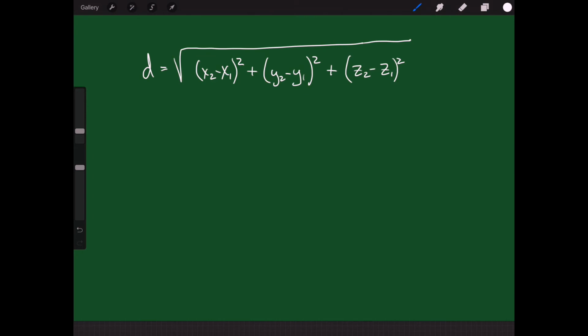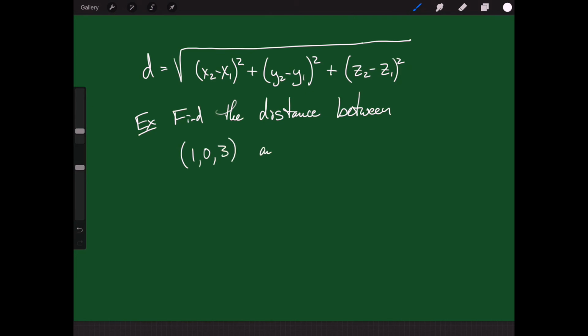Okay, so let's do a quick example here. Let's find the distance between the 2 points, first (1, 0, 3), and the point (0, 2, 2). Let's call this our point number 1.